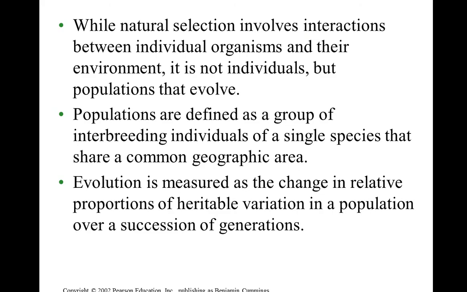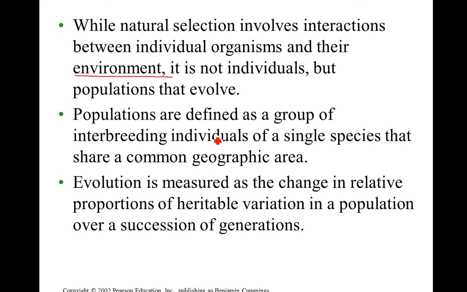So let's look at this. This is a lot of words. We're going to focus on this second paragraph. First, it says, while natural selection involves interactions between individual organisms and their environment, that is huge, it's not the individuals but the populations. What we did in class is we crossed out what we could.